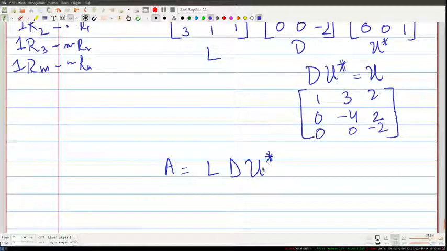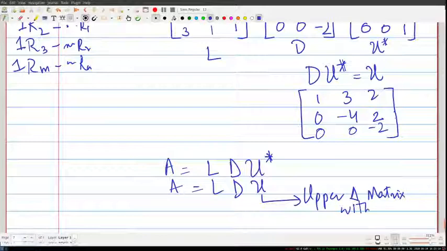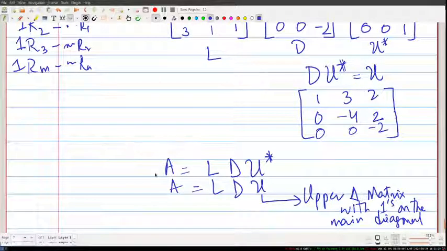In actuality it's the U star, but when it's written A equals LDU, you're assuming that this U is the upper triangular matrix with ones on the main diagonal, right? So we're taking this LU factorization one step forward, and instead of A equals LU, we're doing A equals LDU, which is exactly the same.